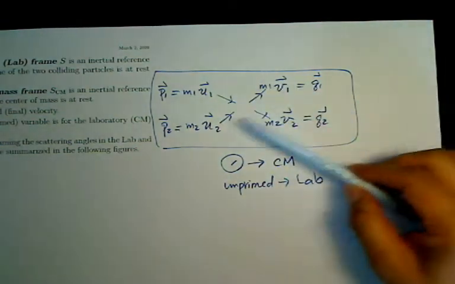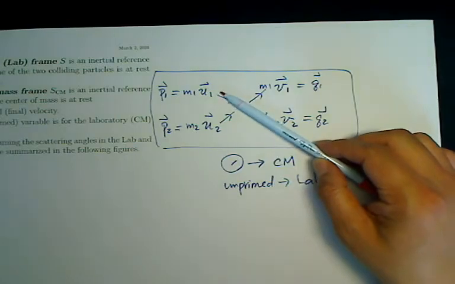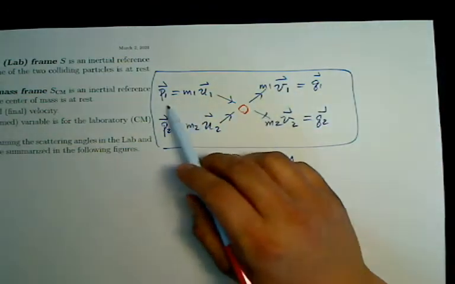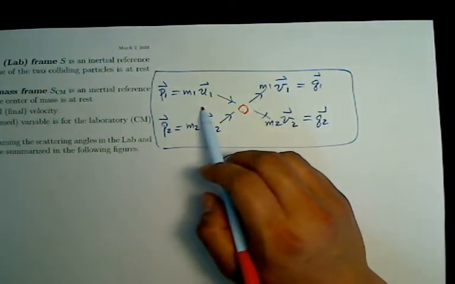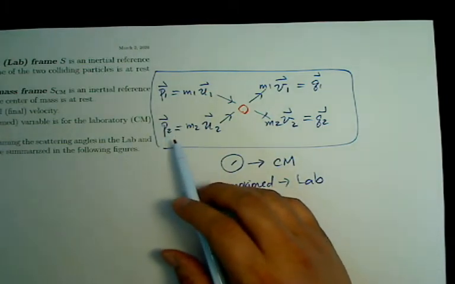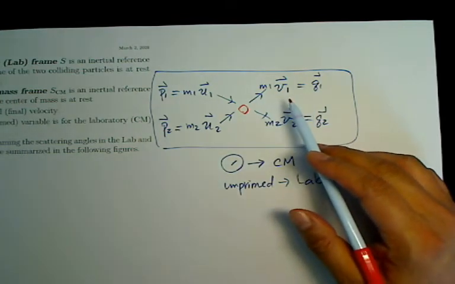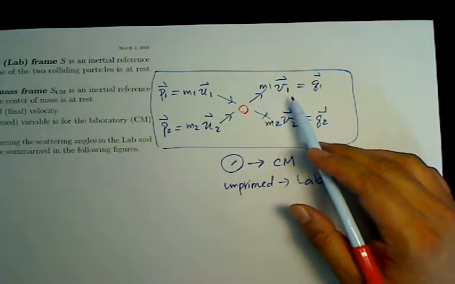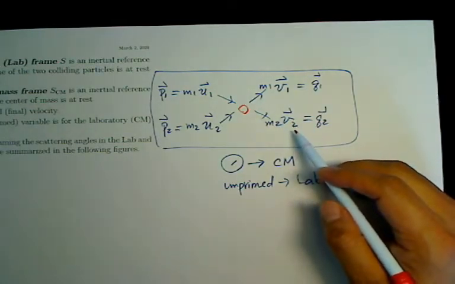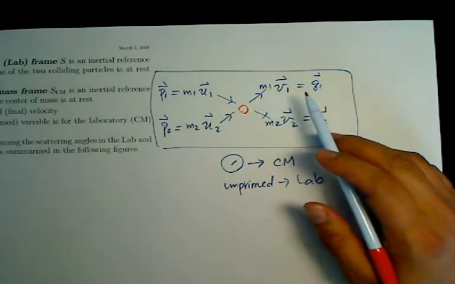So this one shows that m1 and m2 collide with the velocities of v1 and v2, and there is a collision. The initial momentum of the incident particle is p1, the initial momentum of the target particle is p2, the final velocity of the incident particle is v1, and the final velocity of the target particle is v2. q1 and q2 are the final linear momenta of the two particles.